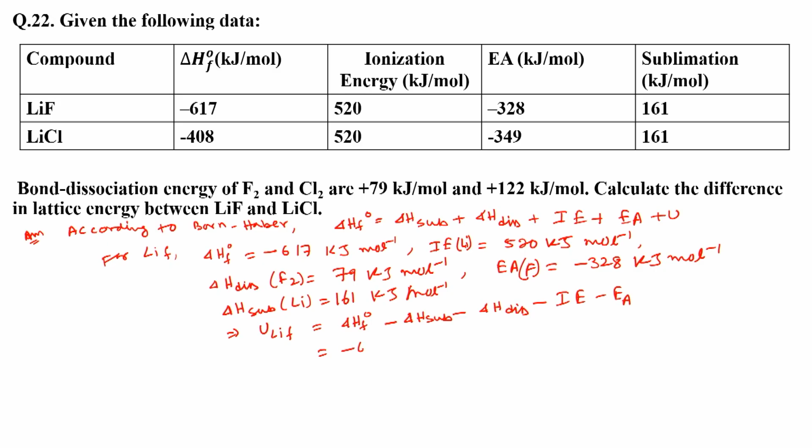So, minus 617 minus 161 minus 79 minus 520 plus 328. This is in kilojoule per mole unit. So, if we calculate this, we get the value minus 1049 kilojoule mole inverse.